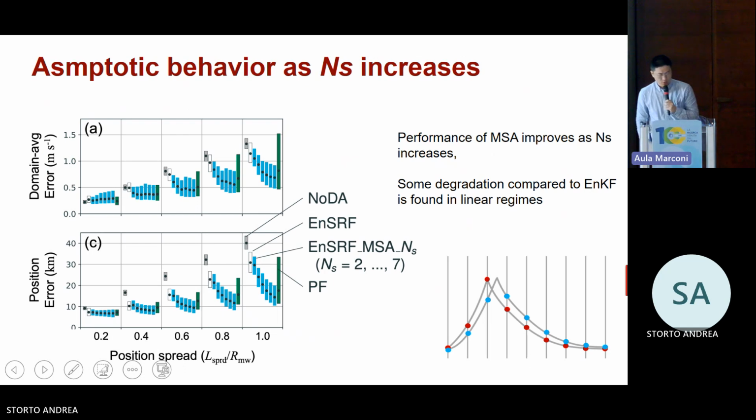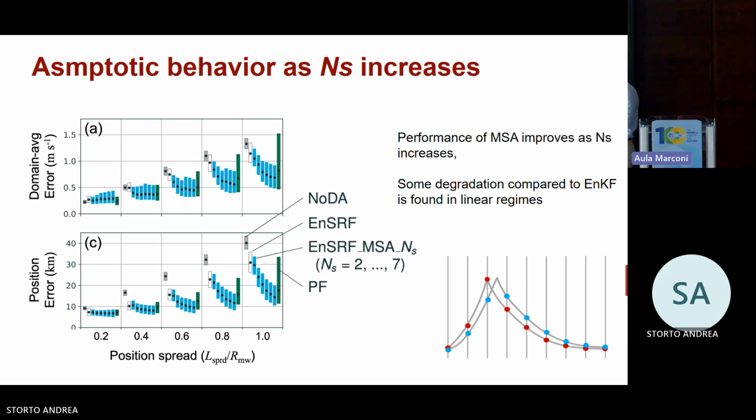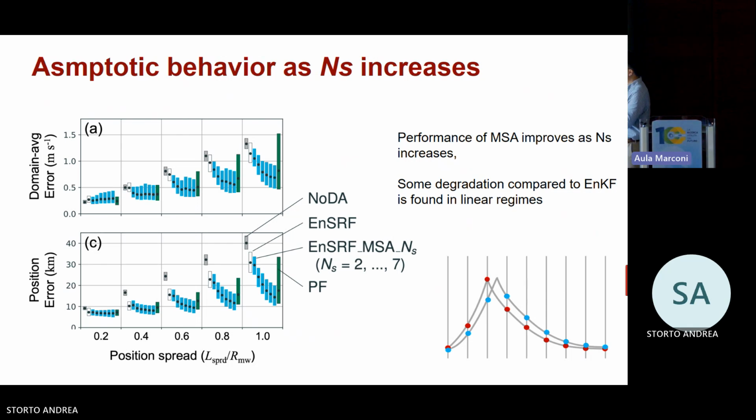So the test also showed that it's quite robust. I did 2,000 random realizations with the initial, so we assigned different seeds for the test. And the color box plot showed the distribution of the 2,000 realizations. The error statistics, I did it both for domain averaged error in the wind speed and also for position error for the vortex.